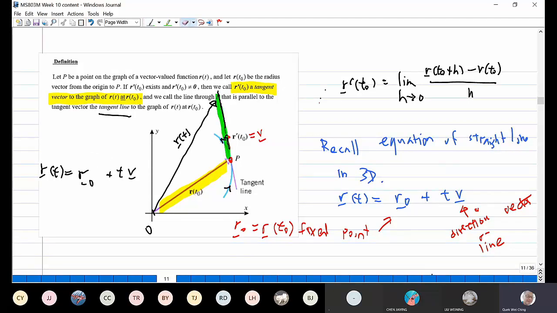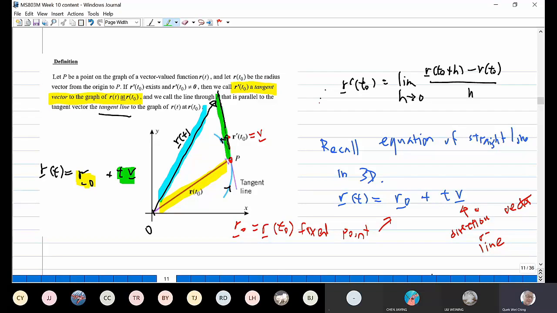The equation of the straight line is the yellow one first, plus the green one, where the green one is a multiple of v. That's why you get this equation.